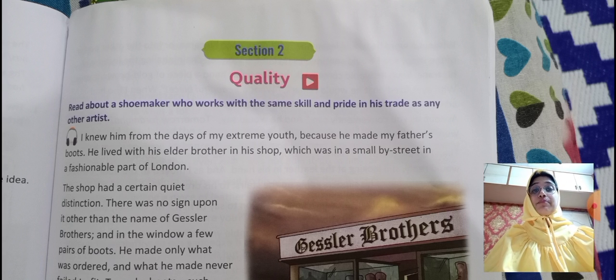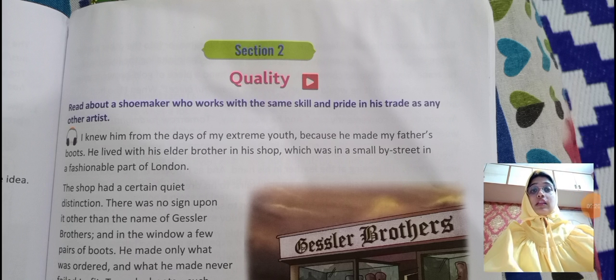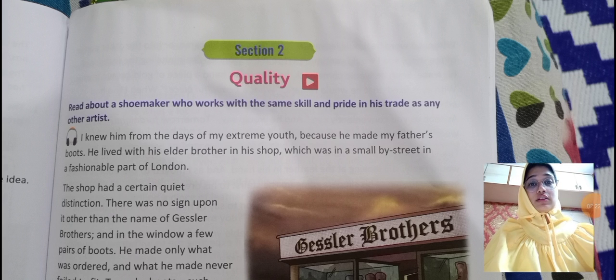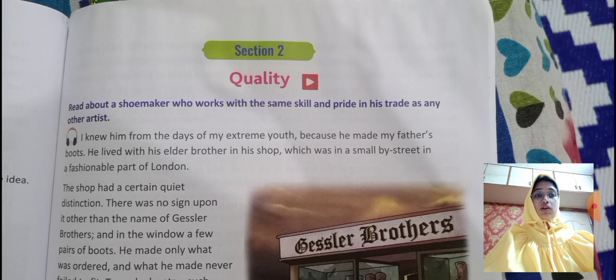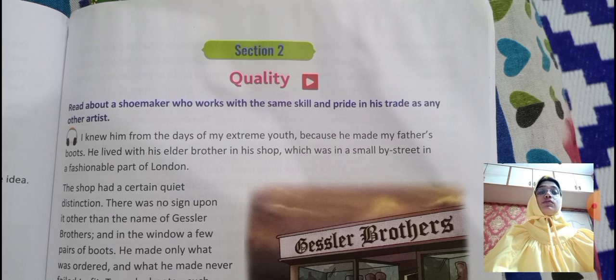I knew him from the days of my extreme youth because he made my father's boots. He lived with his elder brother in his shop, which was in a small by-street in a fashionable part of London. Okay, so who says this? The author says that I knew him from the days of my extreme youth.